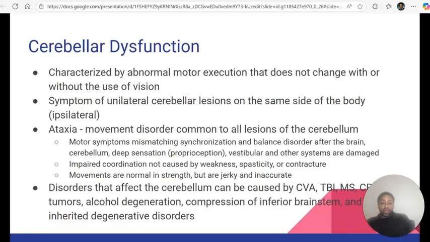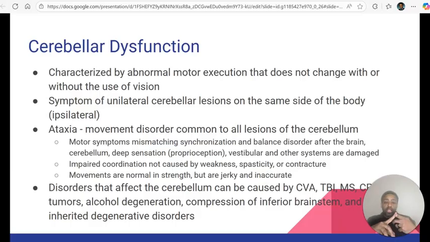So one important thing to know is that with a unilateral cerebellar lesion, it affects the same side of the body. So, we understand that when a stroke affects the right side of the brain, the left side of the body is affected in terms of motor control. But in the cerebellum, it's going to be the ipsilateral side.